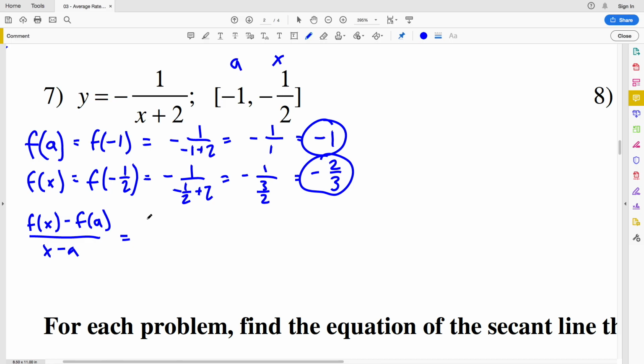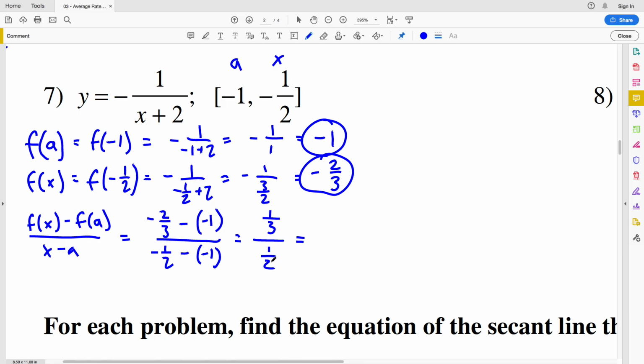That is negative 2/3 minus a negative 1 all over x, which is negative 1/2, minus a, which is negative 1. So negative 2/3 minus a negative 1 is negative 2/3 plus 1, which is a positive 1/3, and that's all over negative 1/2 minus a negative 1, which is negative 1/2 plus 1, which is a positive 1/2.